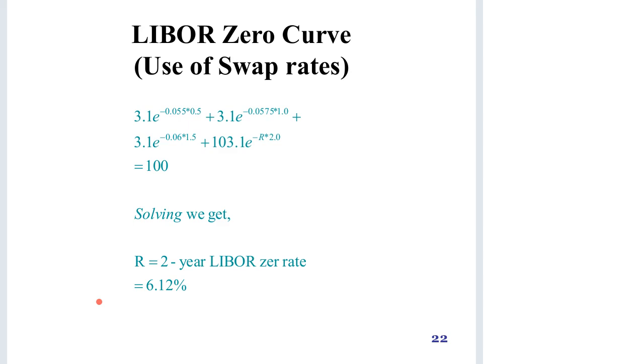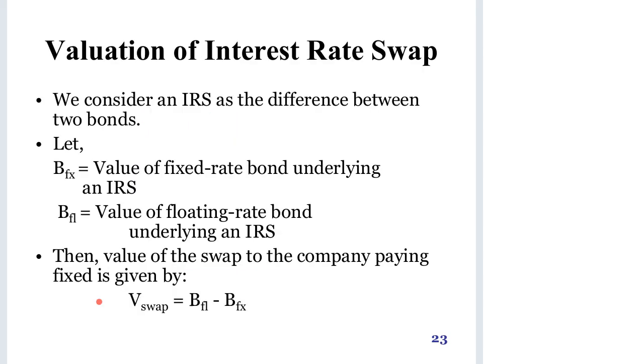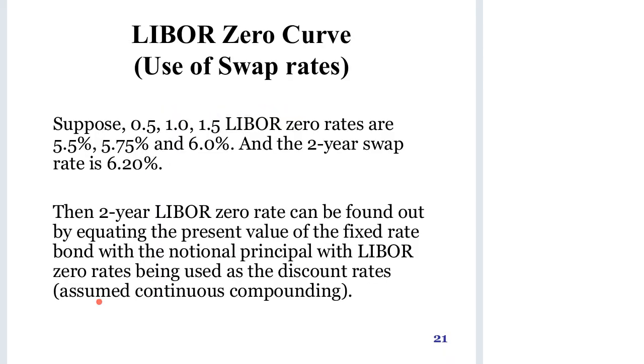Okay. So how do I get the fixed rate? Look at this. This is how I get the fixed rate. Suppose the floating rate, the LIBOR curve, has these values: 5.5, 5.75, 6, and 6.2%. Then what is the equivalent 2-year fixed rate on this side?